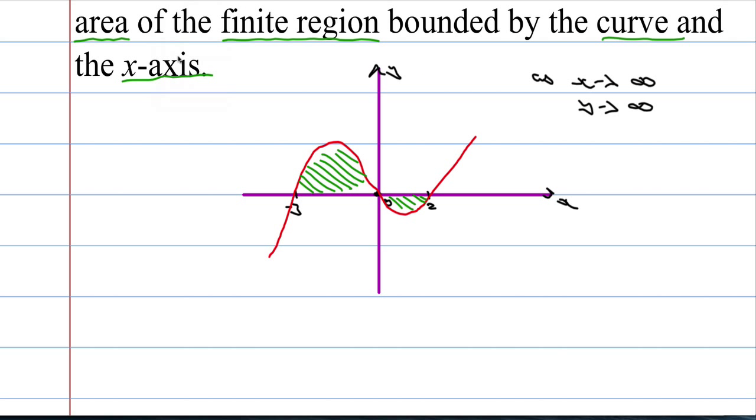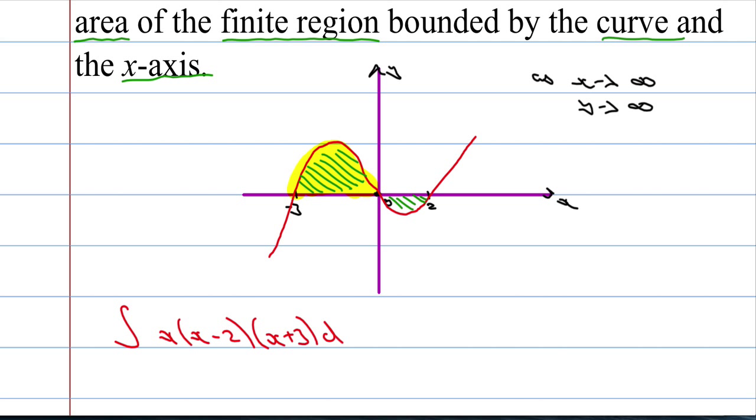If I take a highlighter out, the area between negative 3 and 0, we're going to calculate this area here by integrating the function, which is x times (x minus 2) times (x plus 3).